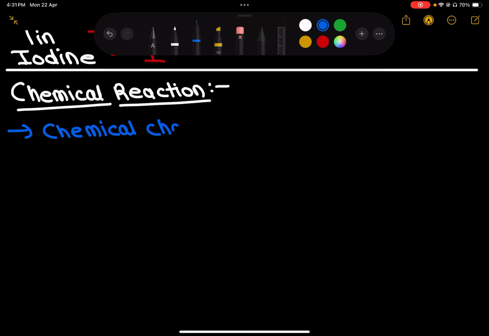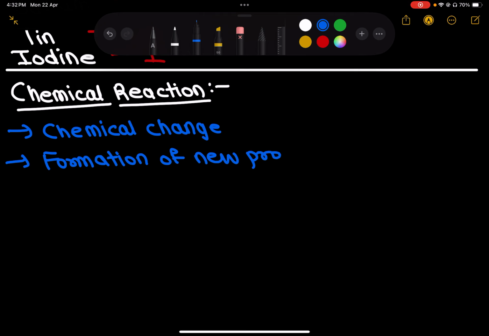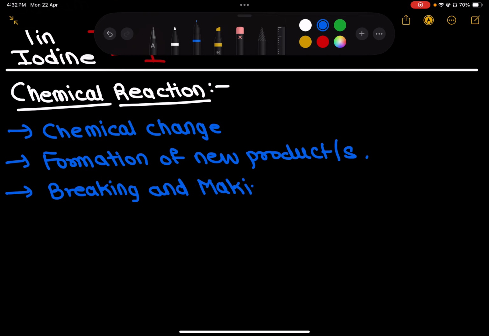The second one is formation of new product or products. And the last one, which is given in NCERT, is the breaking and making of bonds. It rhymes. Breaking and making of bonds.